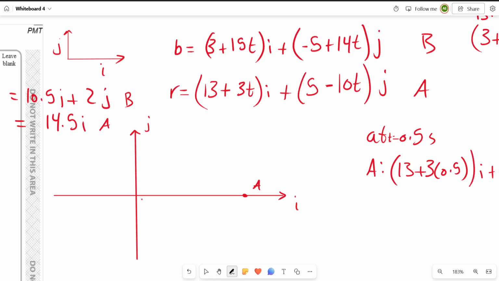For B, it's 10.5 in the i and 2 in the j. So B is over here. This is 10.5, this is 14.5, and this is 2.